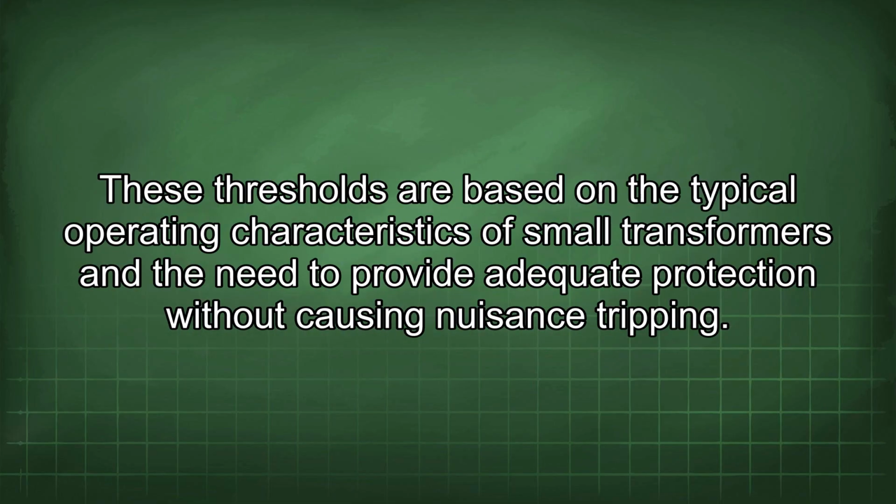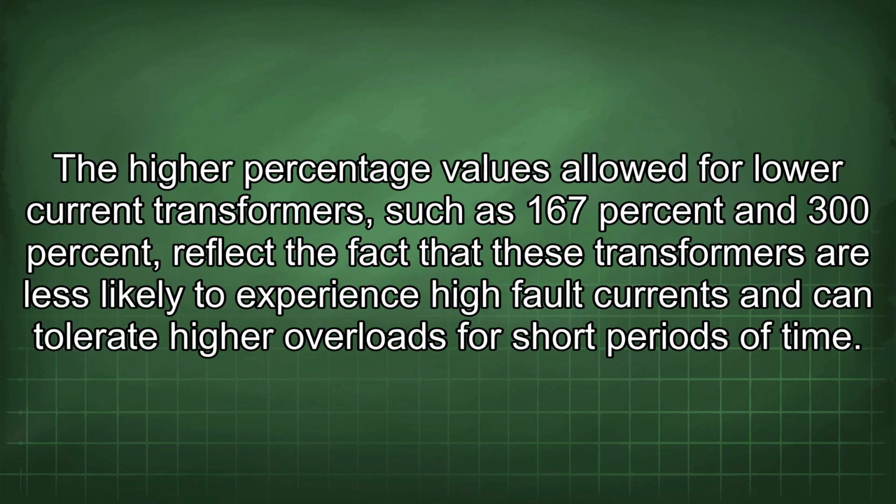These thresholds are based on the typical operating characteristics of small transformers and the need to provide adequate protection without causing nuisance tripping. The higher percentage values allowed for lower current transformers, such as 167% and 300%, reflect the fact that these transformers are less likely to experience high fault currents and can tolerate higher overloads for short periods of time.